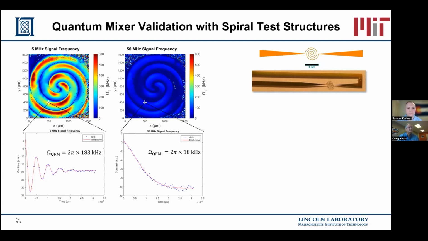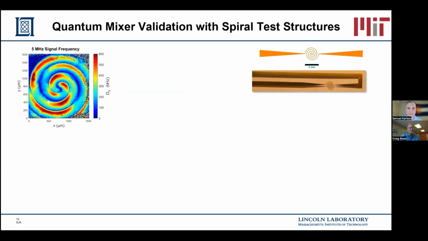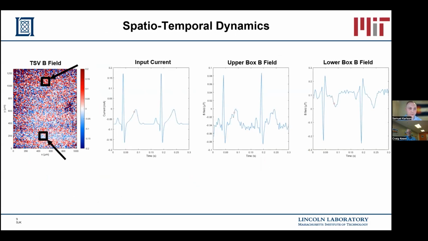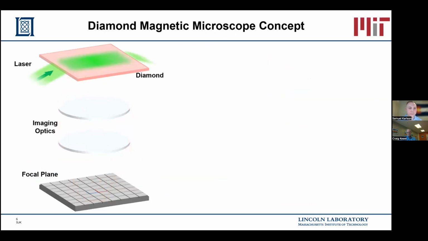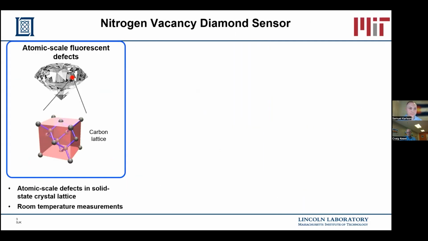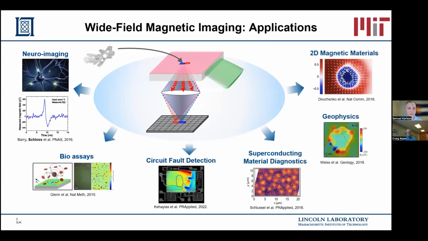The next question comes from Colin Dunn. Awesome talk. What are the potential real world applications of your research? I know you showed some of those on the first slide, but maybe you want to review those. Yeah, I'll go back. I did rush through those a little quickly. There are a number of applications across a wide variety of fields. The ones that we've primarily been looking at are integrated circuits, to see if we can use this for fault detection.